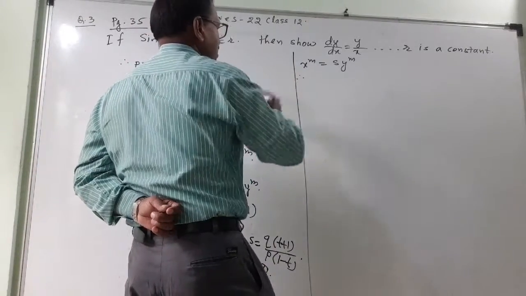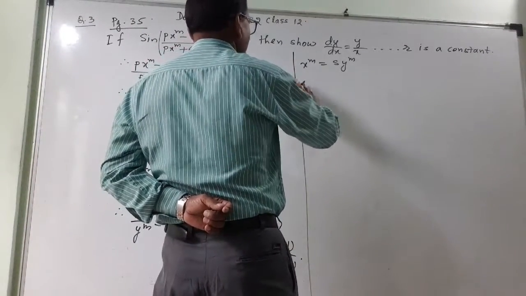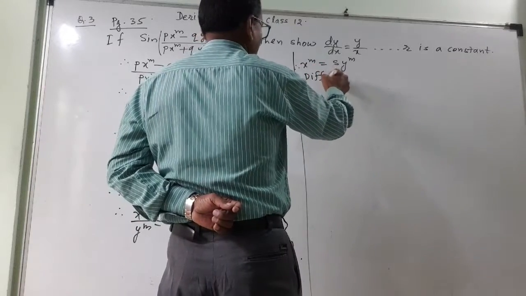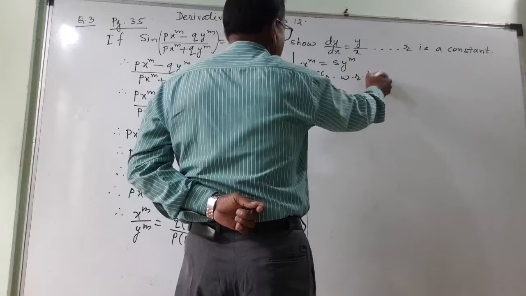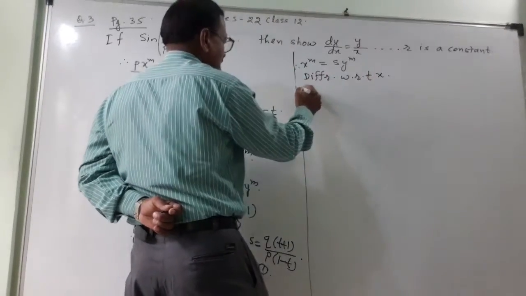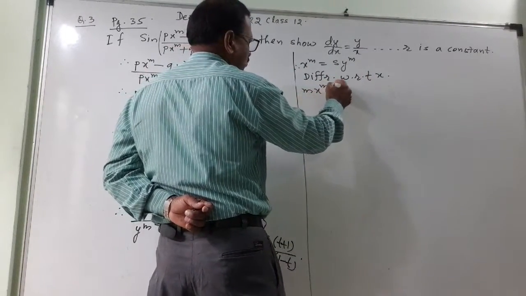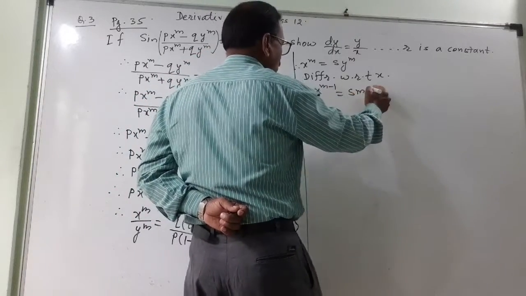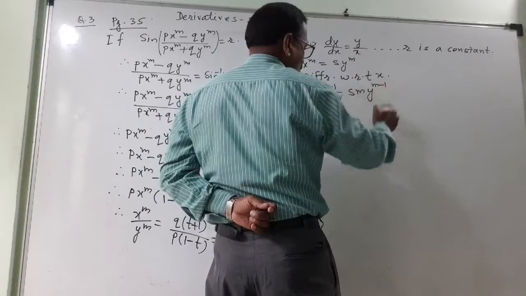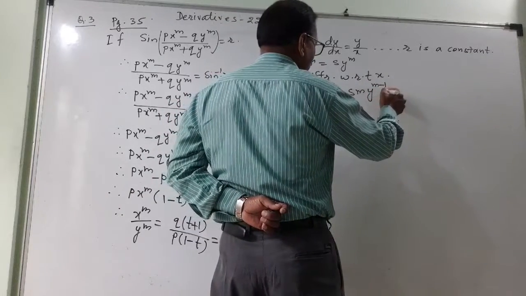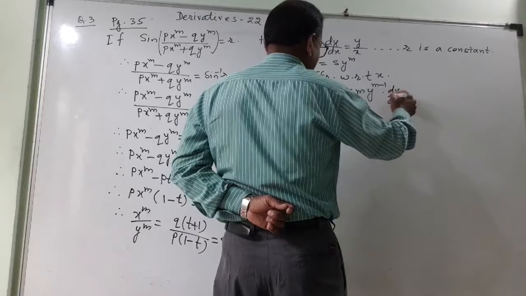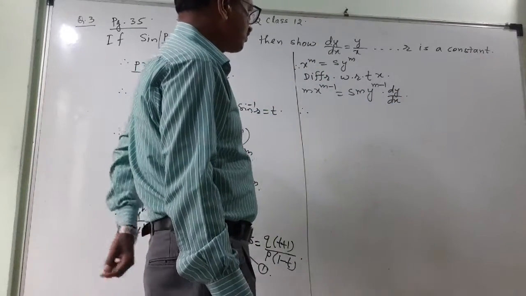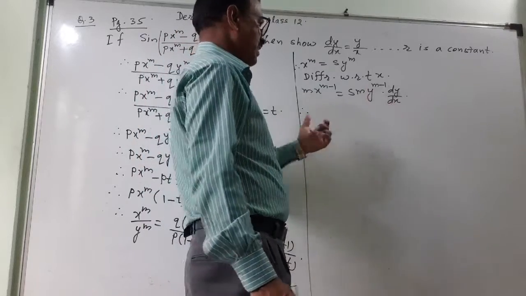Therefore, now differentiate. Differentiating with respect to x, this is m x^(m−1), and this is s into m into y^(m−1) into derivative of y, that is dy by dx. I want dy by dx.